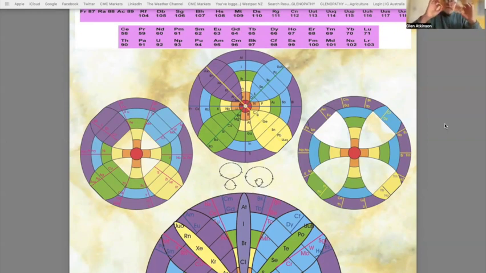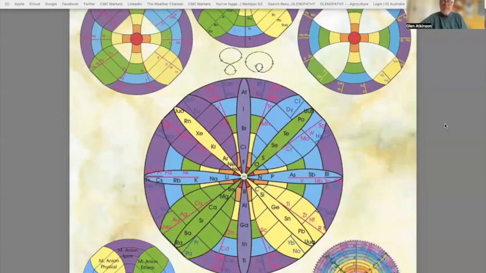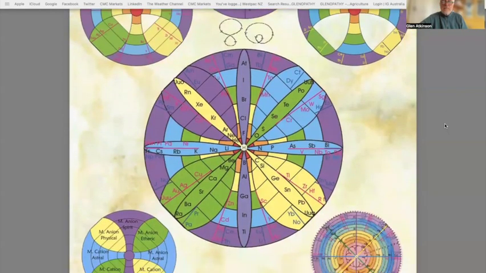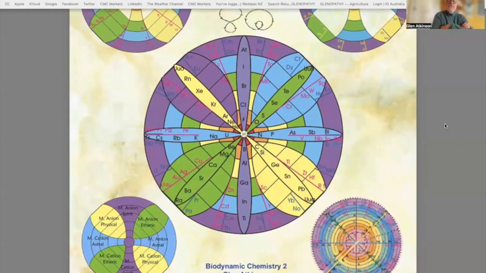It's a similar resonance. So we can put them all together and come up with this picture here.